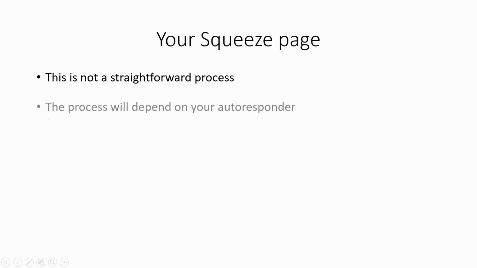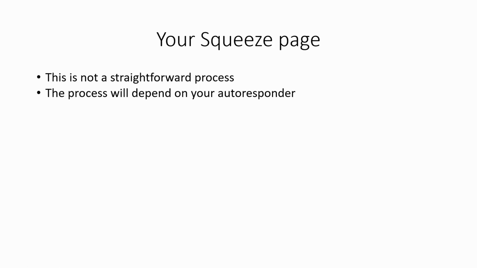Okay, so we're going to be working with your squeeze page tonight. And as I said, this is not a straightforward process. This isn't something that you're going to be able to carry line by line directly into another system. So some of this is going to be peculiar to whatever it is that you have.